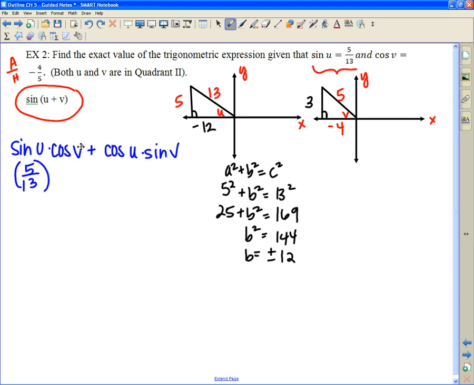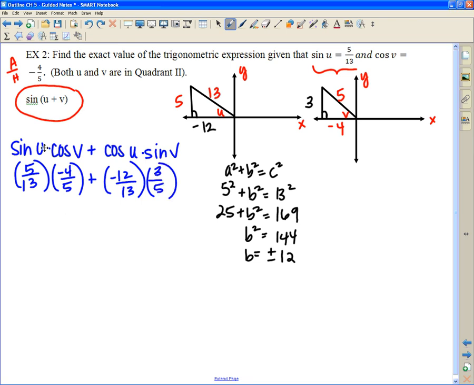The cosine of v is adjacent over hypotenuse, negative 4 over 5. That was also given in the problem. Plus the cosine of u, adjacent over hypotenuse, negative 12 over 13. And finally, the sine of v, go back to v, opposite over hypotenuse is 3 divided by 5.